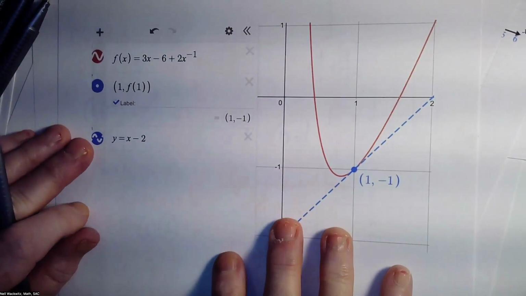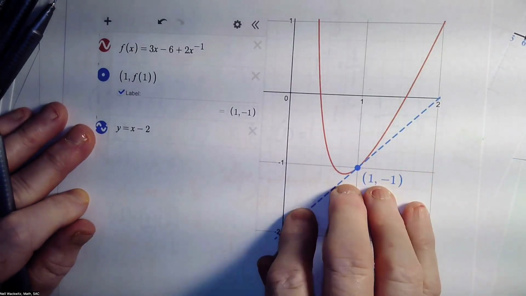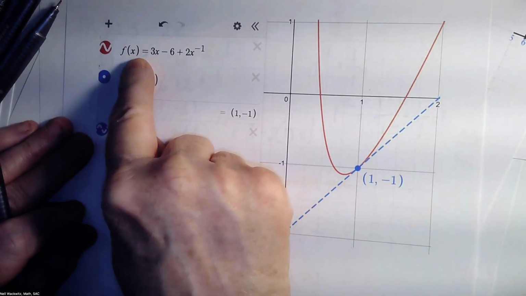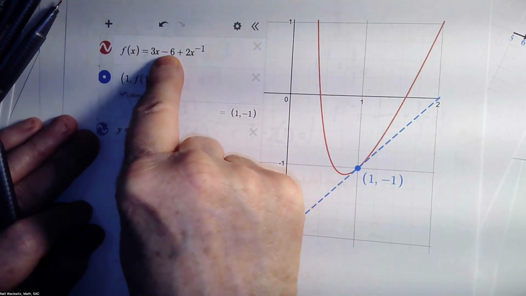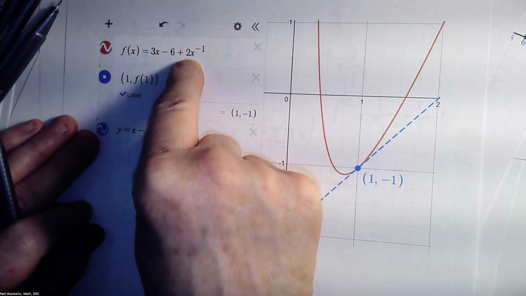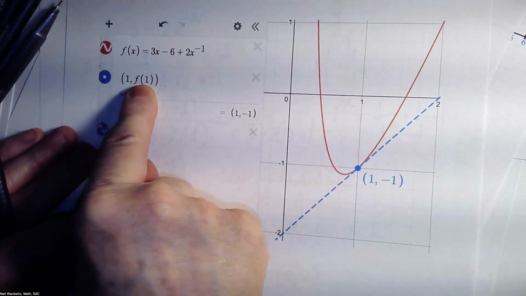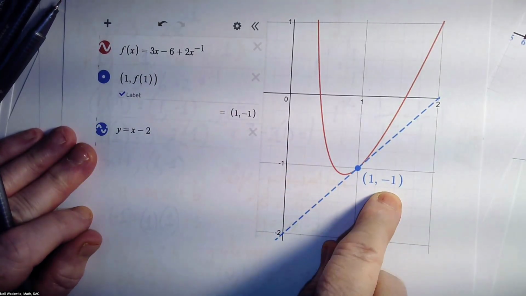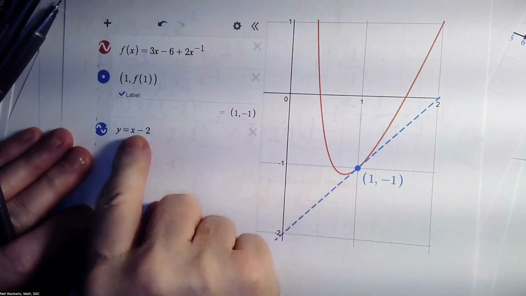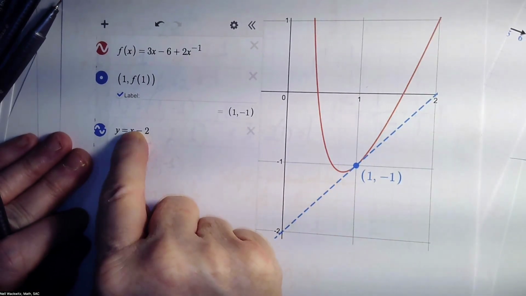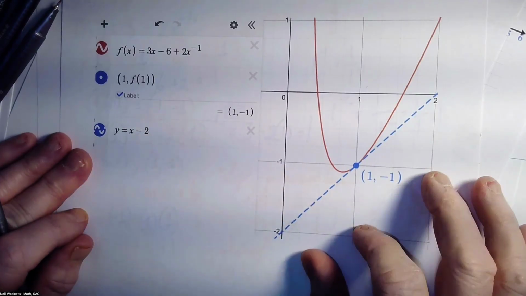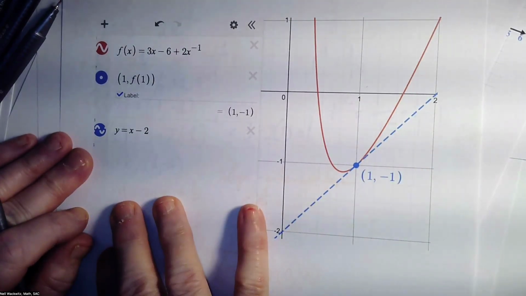And as you can see from this graph, where I use Desmos to graph f of x is equal to 3x minus 6 plus 2x to the -1. Our point was 1, f of 1, and f of 1 was -1. And y is equal to x minus 2. That was our tangent line, and it all fits very nicely.